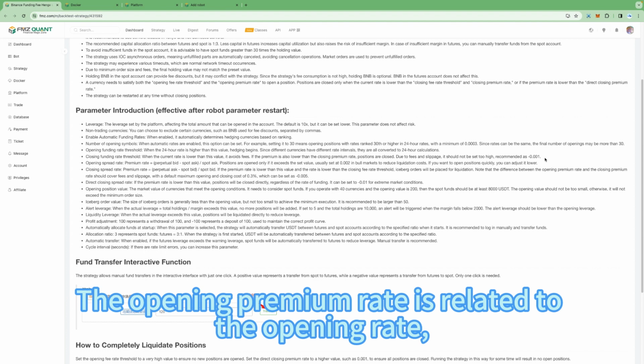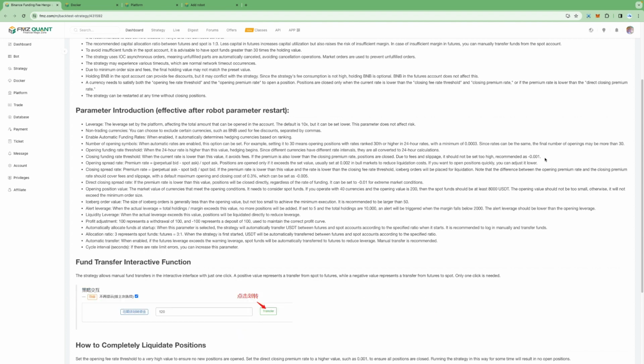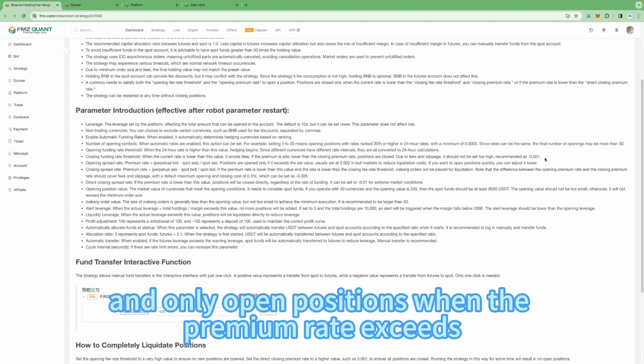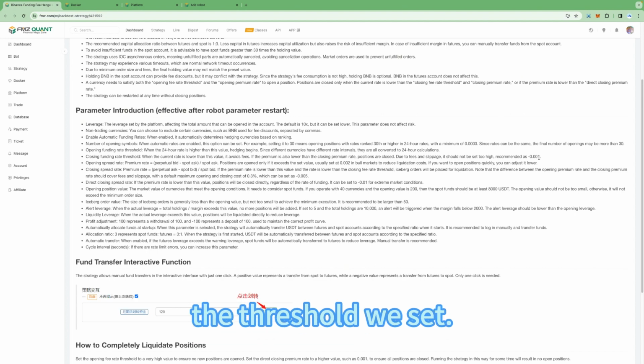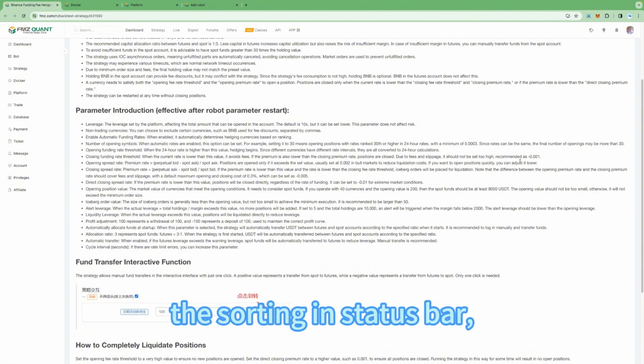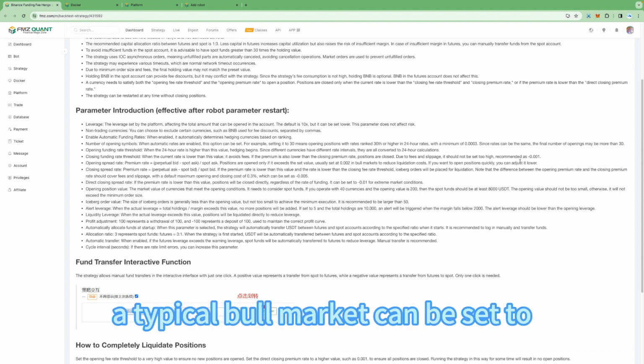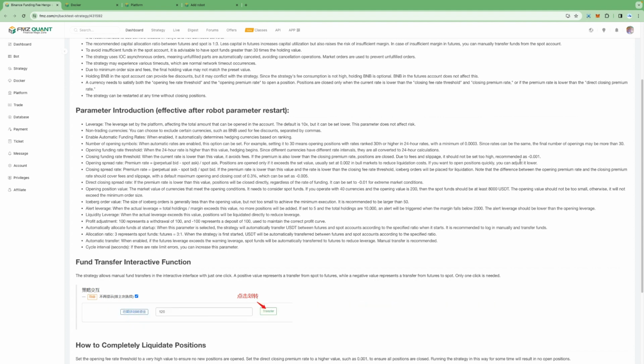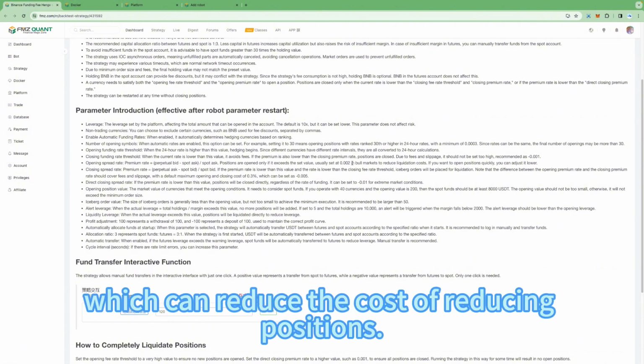The opening premium rate is related to the opening rate, and we only open positions when the premium rate exceeds the threshold we set. According to the sorting in the status bar, a typical bull market can be set to 0.002, which can reduce the cost of reducing positions.